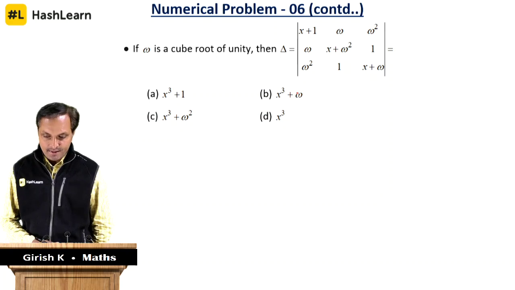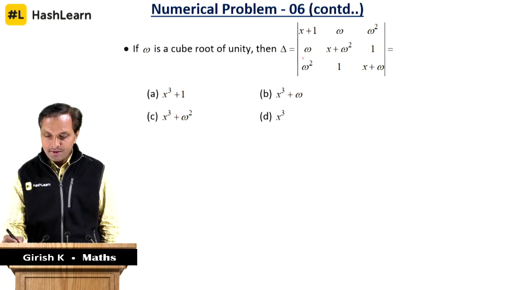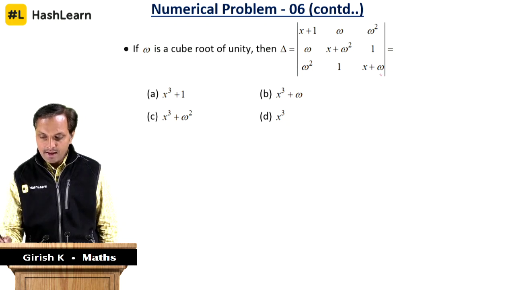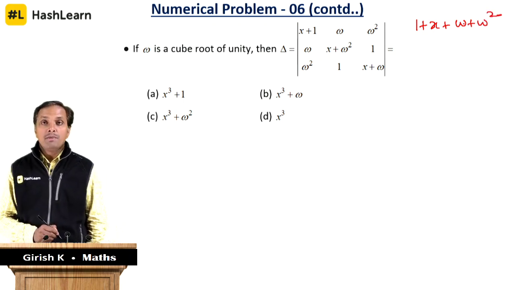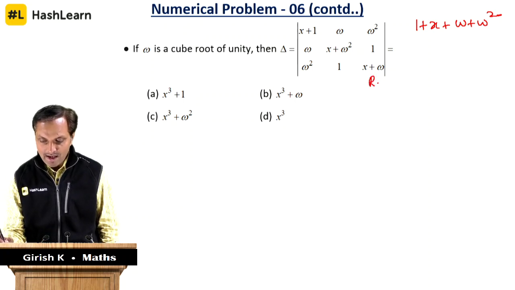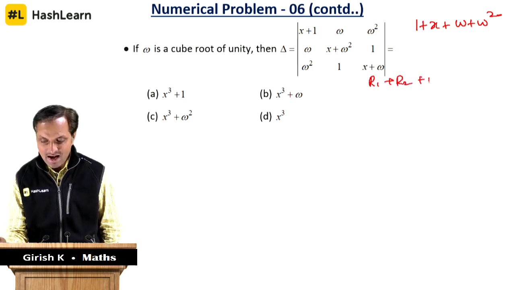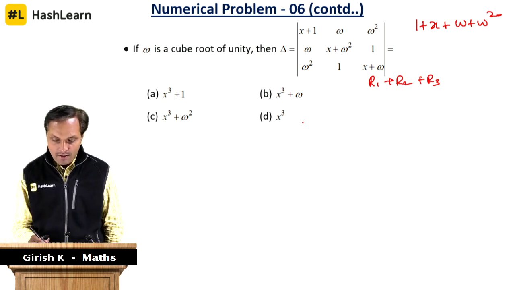Time up. So let's see. You know that you can observe the terms present here and all are giving you 1 plus x plus omega square when you add. So if you apply r1 plus r2 plus r3, when you add row 1 plus row 2 plus row 3, what happens?